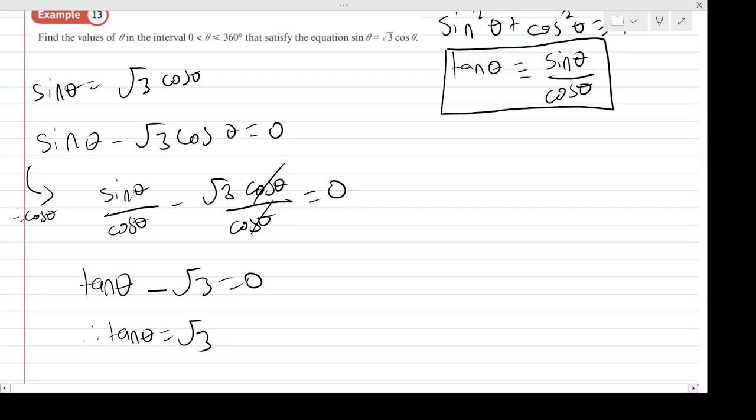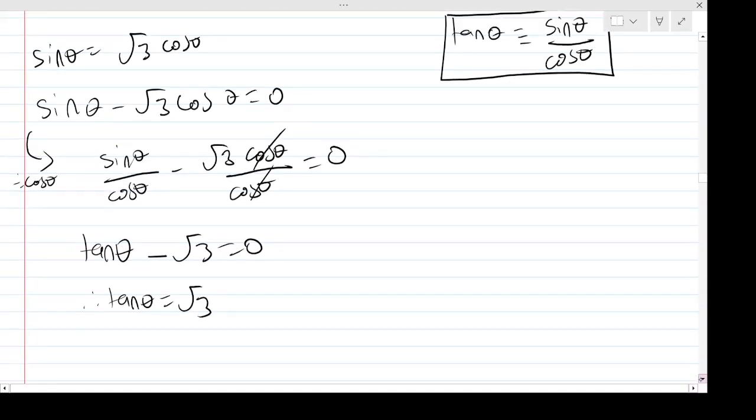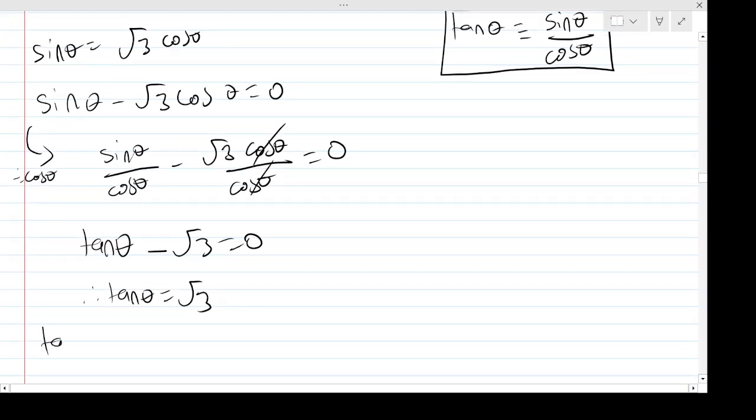So then I can look at the tan graph, right? Firstly, again, I'm going to do inverse tan of root 3. If I do that on the calculator, I get 60 degrees, right?